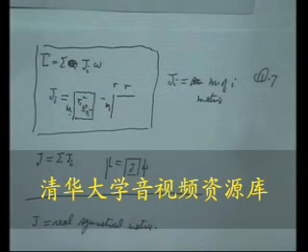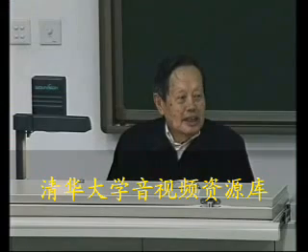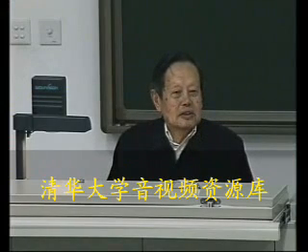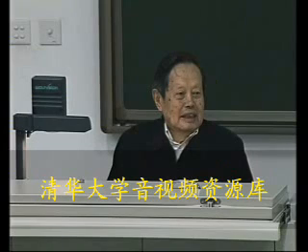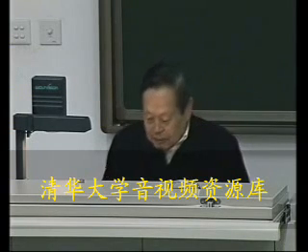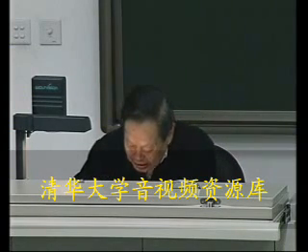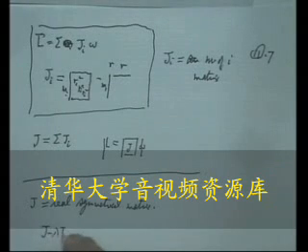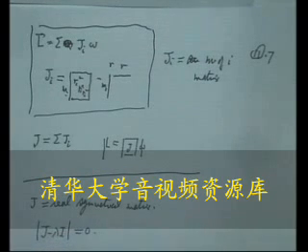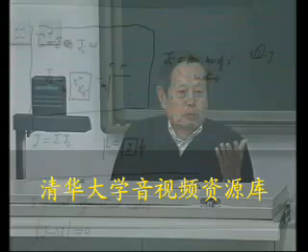Now any 3×3 matrix has 3 eigenvalues. We have already talked about the concept of eigenvalue. So if I take J minus lambda I, where I is the unit matrix, and take the determinant and put it equal to 0, that gives you a cubic equation in lambda, with real coefficients.